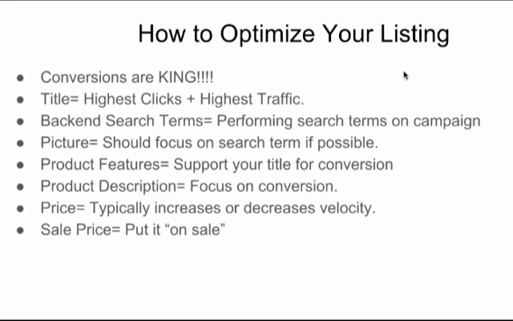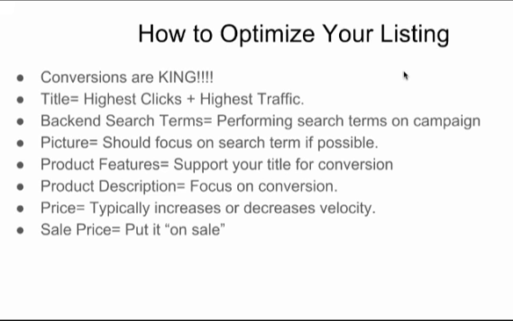And that doesn't mean keyword stuffing like other courses teach. This actually just means aligning your listing to what Amazon customers are searching for, but in a way that will build a win-win-win situation. So you've been asking Amazon this whole time, what are people searching for?